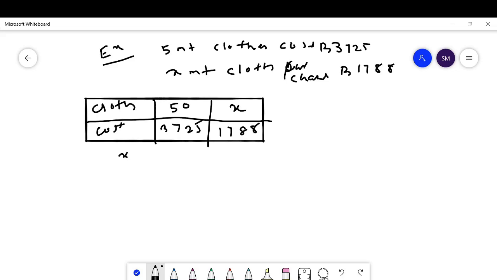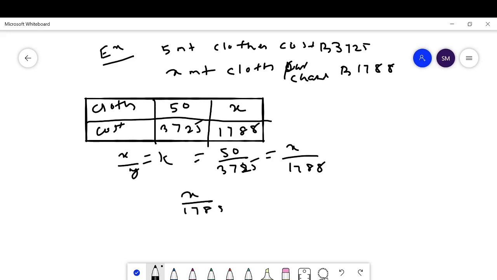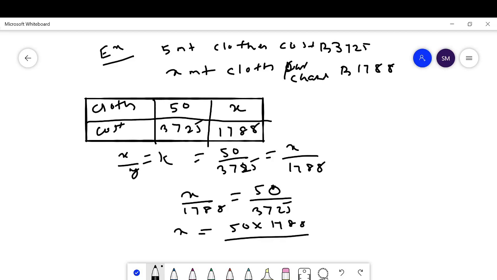Here this is direct variation where x upon y is a constant. Then by using this formula, 50 upon 3725 is equal to x upon 1788. This means x upon 1788 is equal to 50 upon 3725. Then x is equal to 50 into 1788 upon 3725.